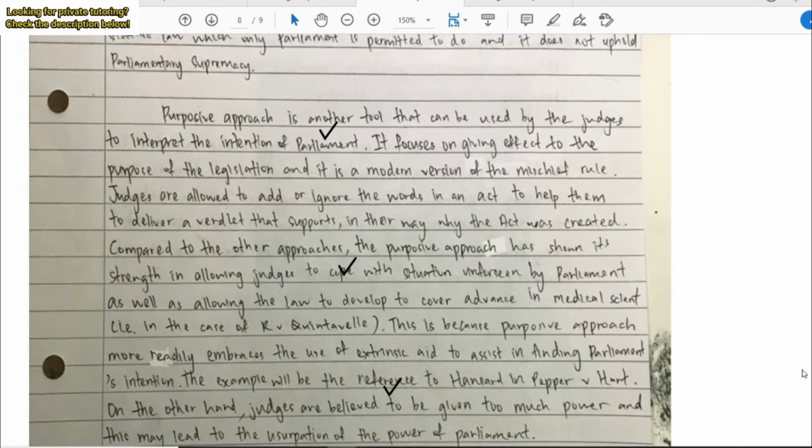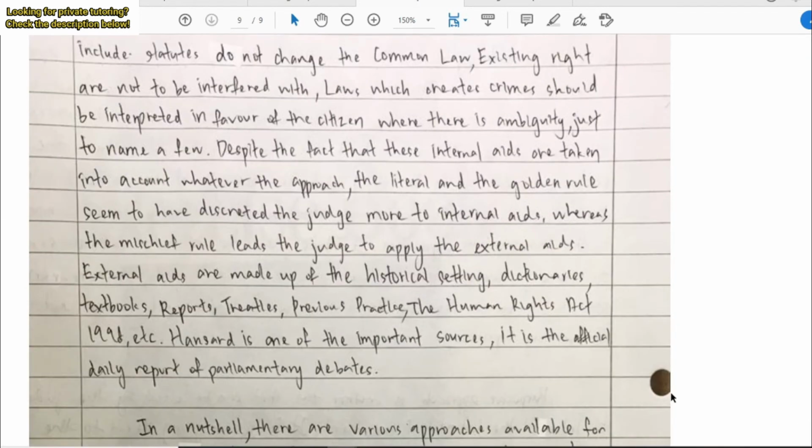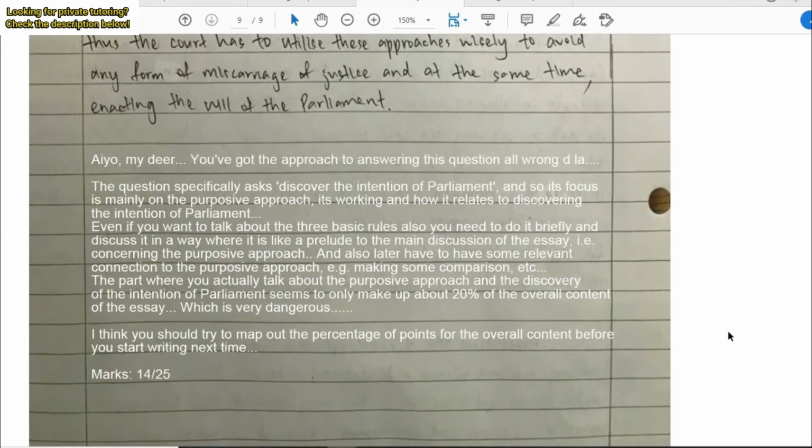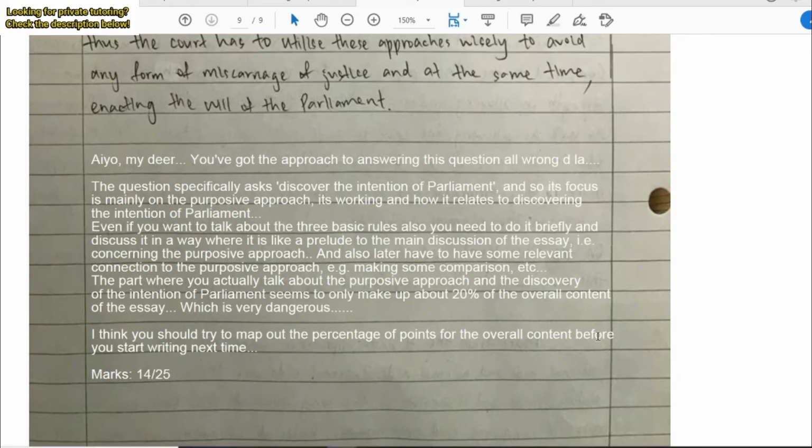Then after here you mentioned a little bit about the purposive approach, then here a little bit more. It's not balanced. So at the end of the day, I gave you about 14 or 15 marks, or 15 or 25 marks, something like that. In fact all of you got more or less the same. What I've written here is just very fast because I've written the same thing for everybody.